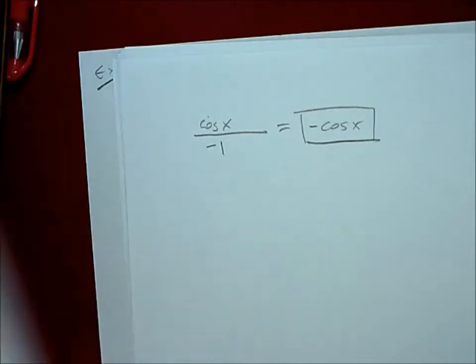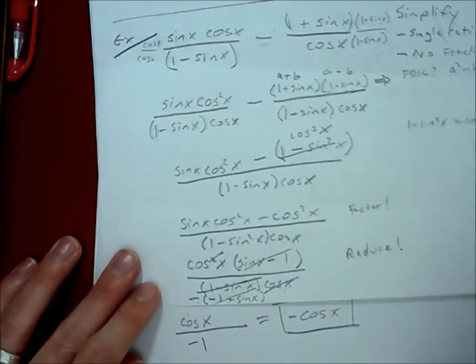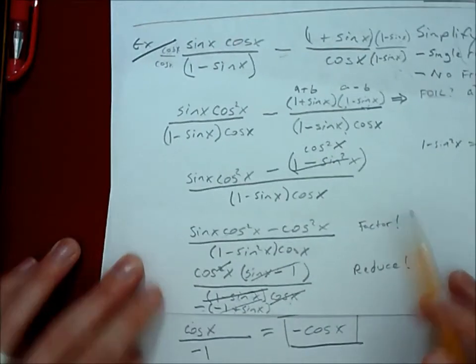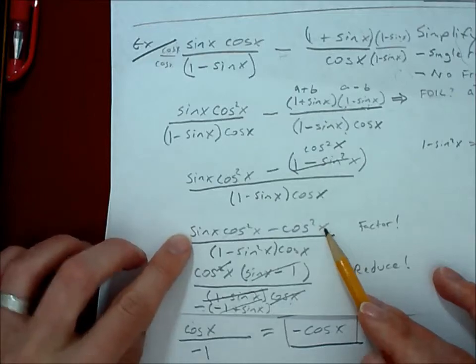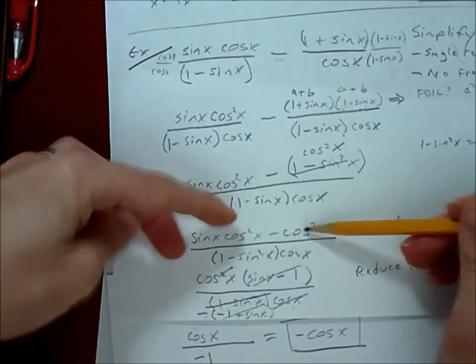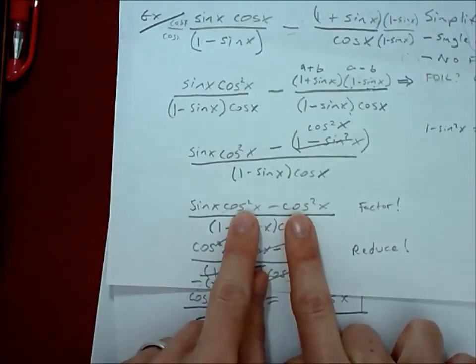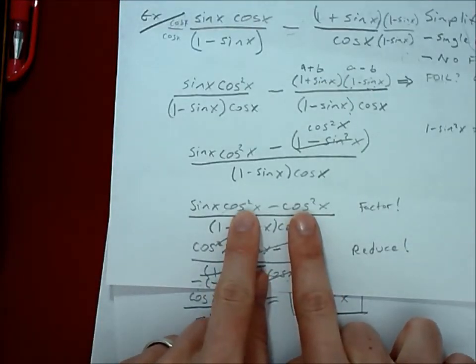When you had the sine x cos 2x minus cos 2x, and then you got rid of one of the cos 2x, how did you do that? Right here. Yeah, I don't know how you got rid of one of those. So since both of these terms on top have a cosine squared in them, they have a common factor.